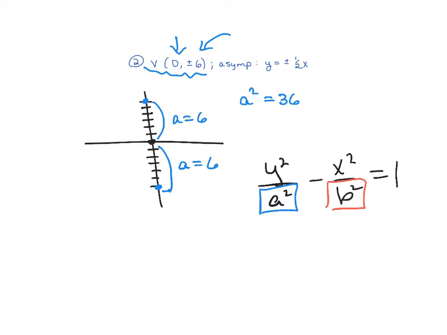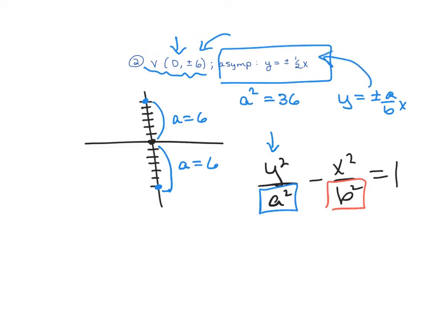Now, this time I don't have a focus point, so I don't have a c squared value, but I was given an asymptote. And what you need to memorize is when the y squared is the very first variable you encounter in your equation, the asymptote is going to be plus and minus a over b. This is the format that the asymptote equation takes on.